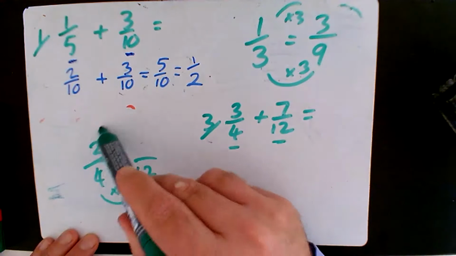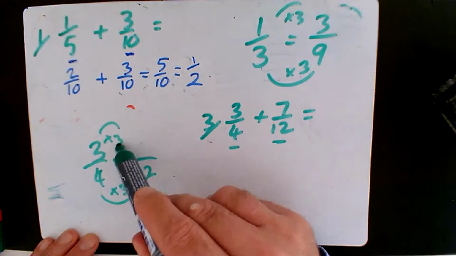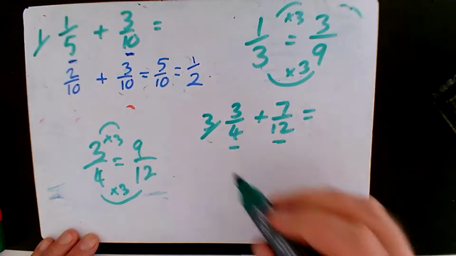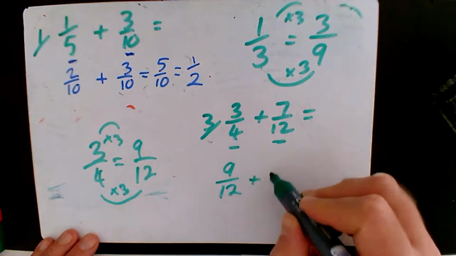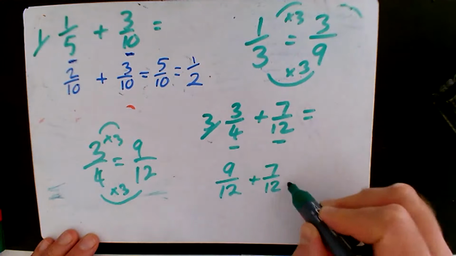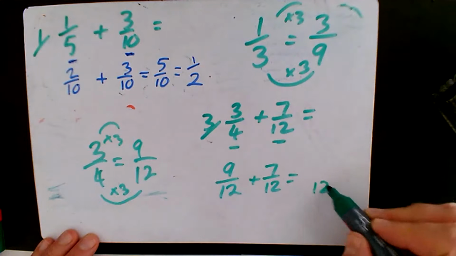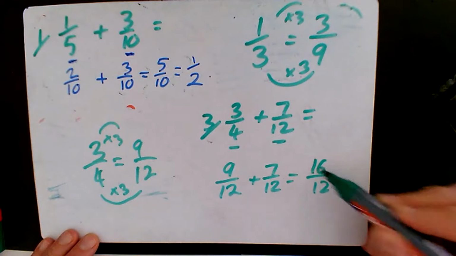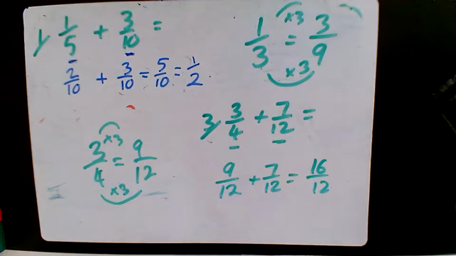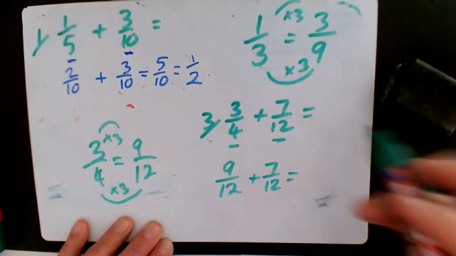I'm timesing by 3. I do the same to the top, times by 3. I've got 9/12. So now we've got 9/12 plus 7/12. I know my answer is going to be in 12ths, and that is 16/12.